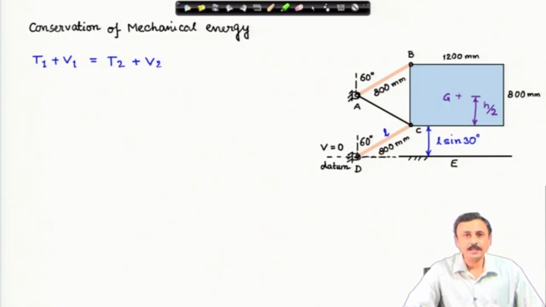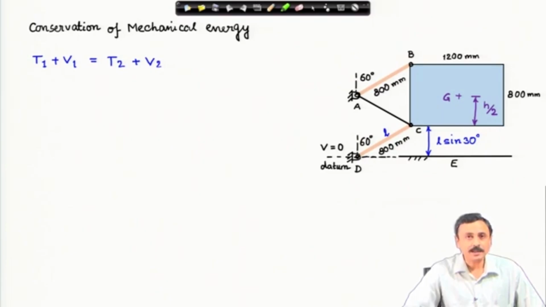We look at conservation of mechanical energy of the system. The links are rigid and massless, therefore they do not contribute to the mechanical energy, but the plate is massive, and therefore we have to deal with the total mechanical energy of the plate, and that is conserved because we have this gravitational field, which is a potential field.